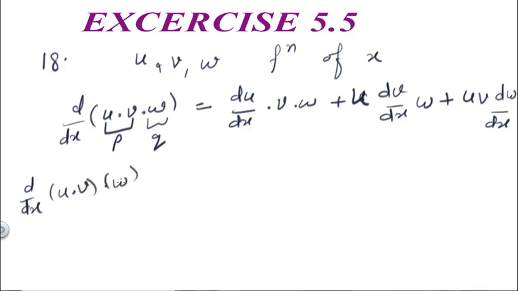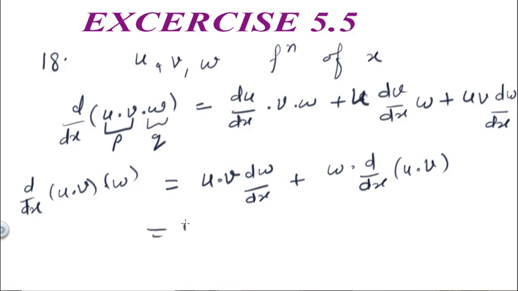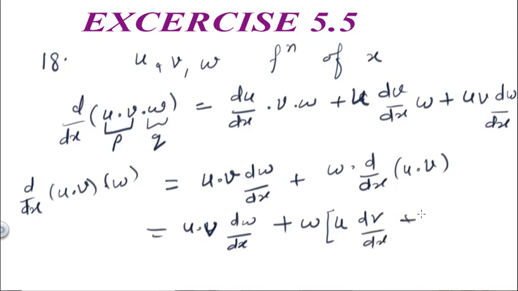Now applying the product rule: first function as it is, differentiation of second function, plus second function as it is, differentiation of u dot v. Now in u dot v, again you will apply the product rule. You will get u dot v dw by dx, this is v here, plus w into, what will you have? u as it is, differentiation of v, plus v as it is, differentiation of u.